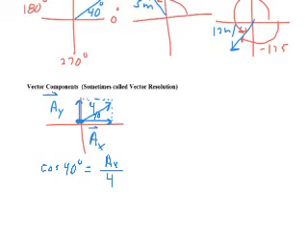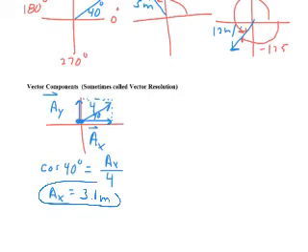And now I solve for a sub x. A sub x is going to be equal to 4 times the cosine of 40, which, if you do it in your calculator, would be 3.06 or 3.1 meters. And the direction is implied as the positive x direction. So that's your x component of vector A.